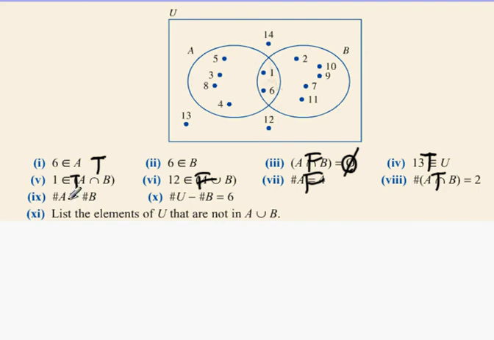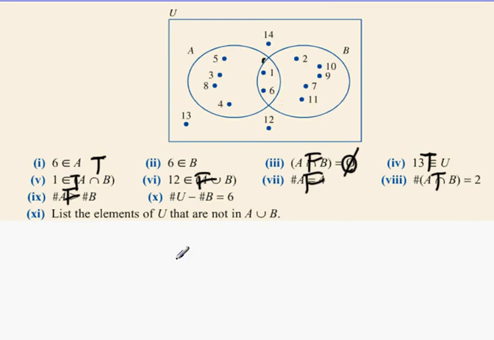Okay, the cardinal number of A is bigger than the cardinal number of B. 1, 2, 3, 4, 5, 6, 7. 7 is bigger than 6. So it's false. The cardinal number of U minus the cardinal number of B is 6. Now, what's inside of B?